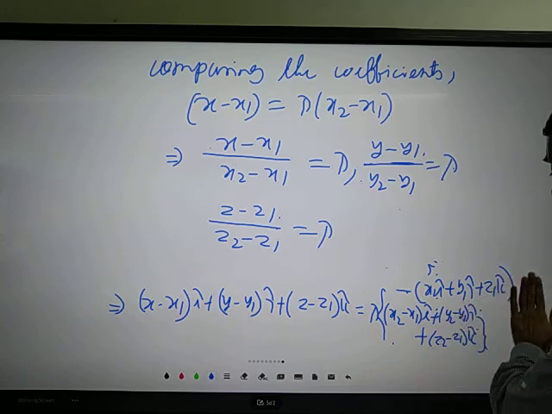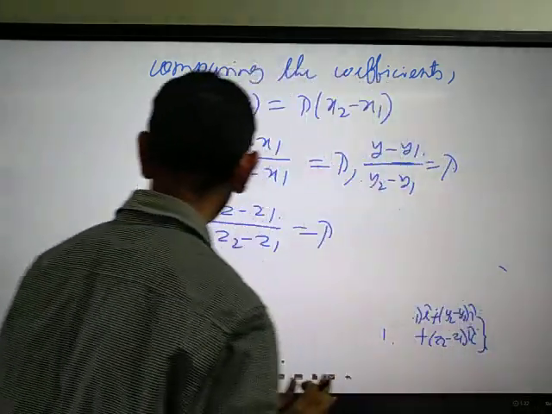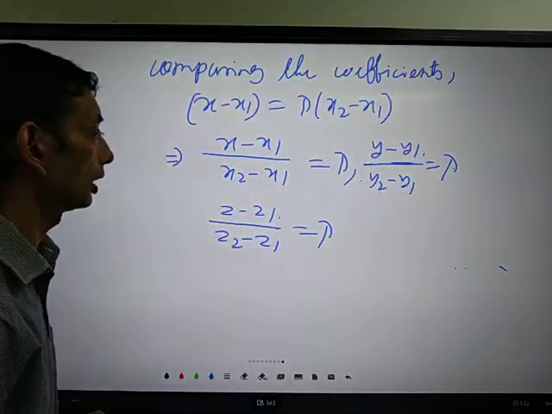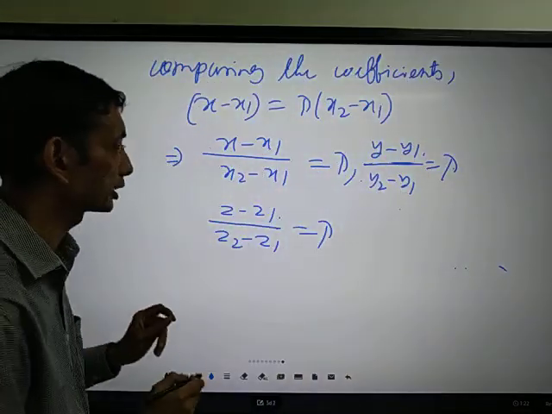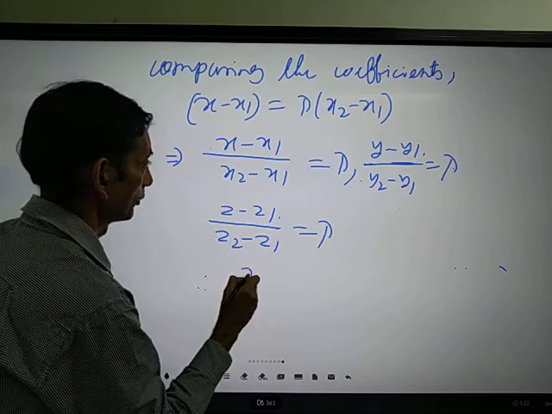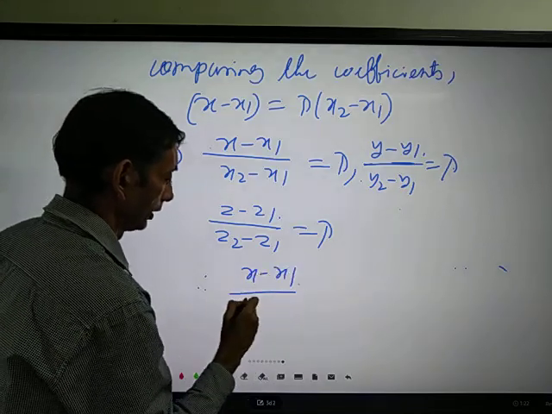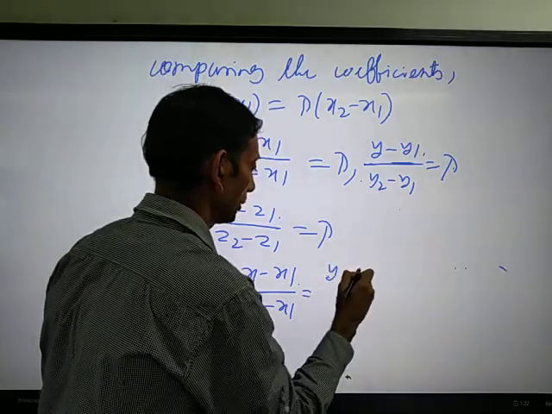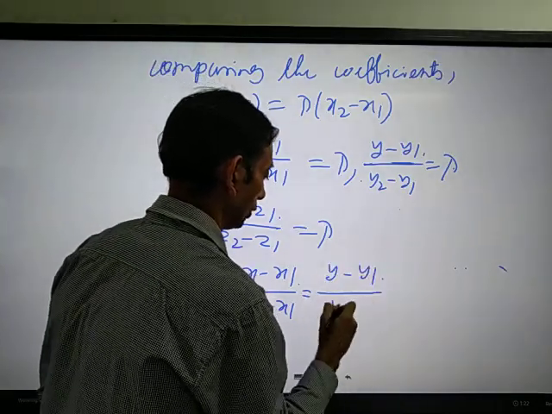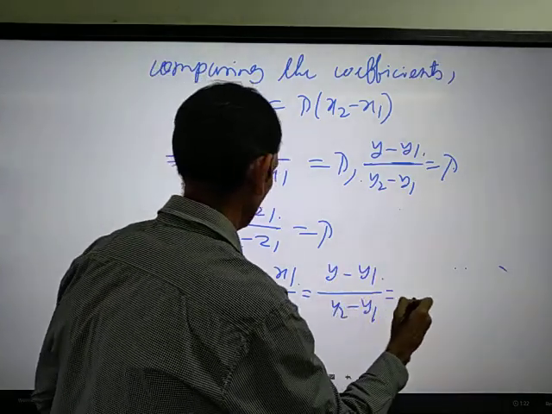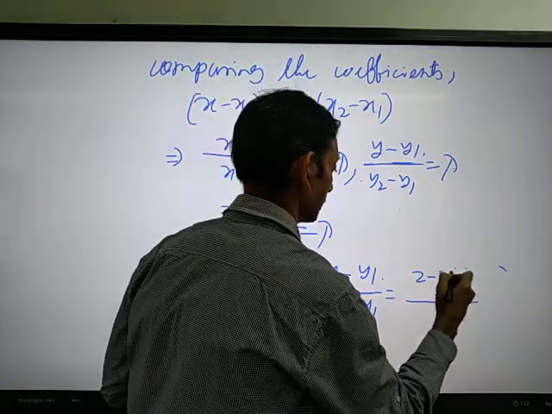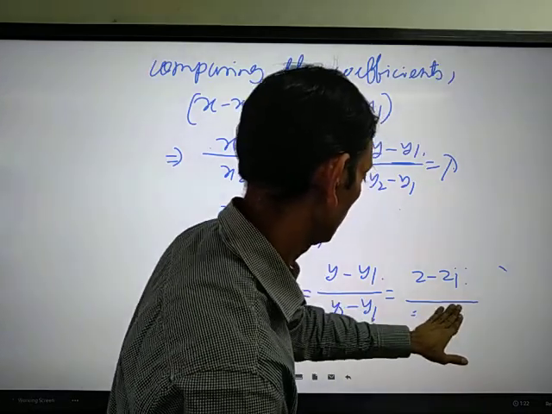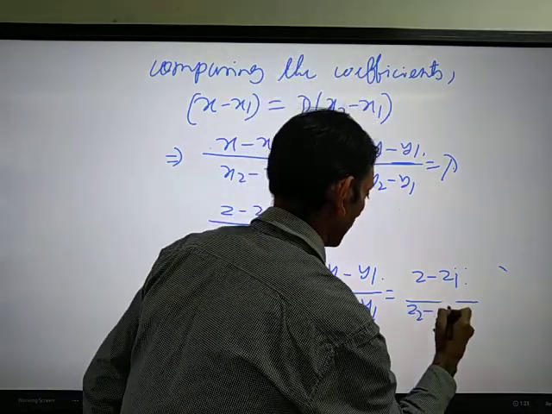And finally, we are going to write the Cartesian form of the line. We are going to eliminate lambda from the three expressions. Therefore, we can just write x minus x1 by x2 minus x1 equal to y minus y1 by y2 minus y1 equal to z minus z1 by z2 minus z1.